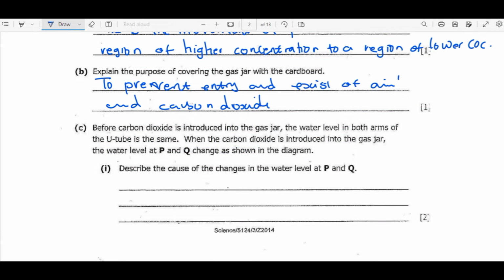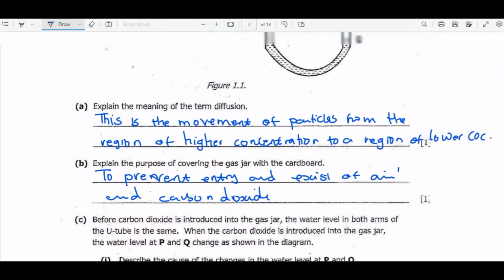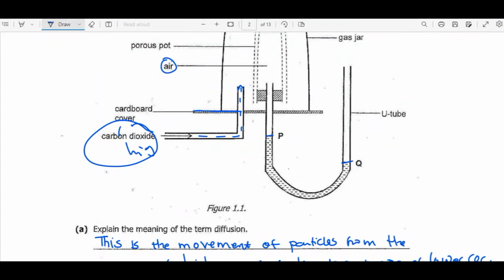Before carbon dioxide is introduced into the gas jar, the water level in both arms of the U-tube is the same. When the carbon dioxide is introduced into the gas jar, the water level at P and Q changes as shown in the diagram. Roman number 1, describe the cause of the change in the water level at P and Q. So firstly, we are going to draw a picture that will show how this setup was before the introduction of carbon dioxide.